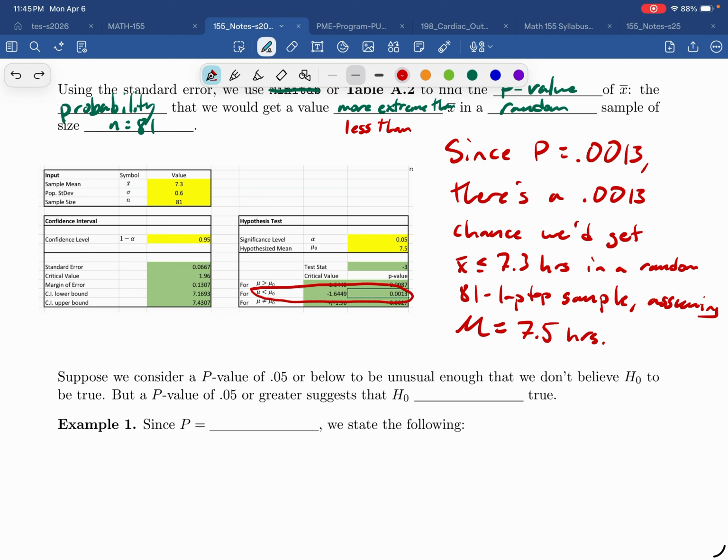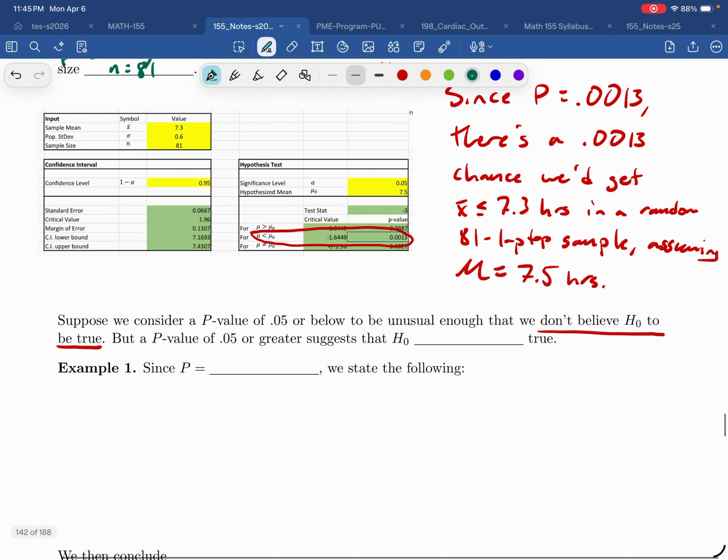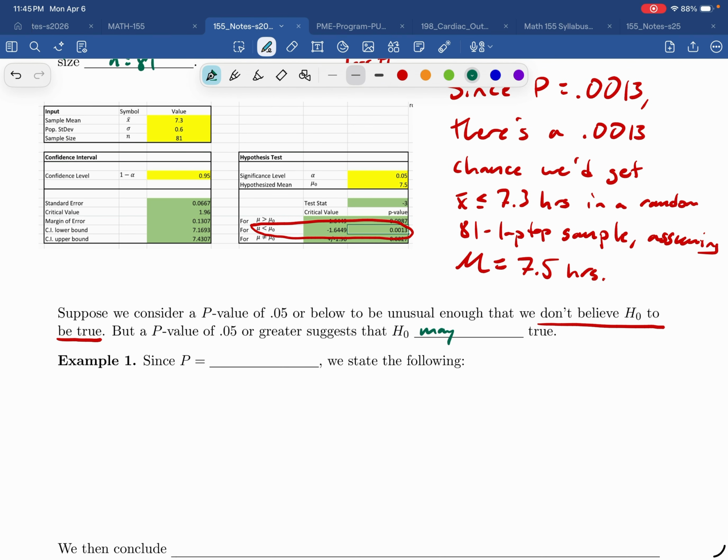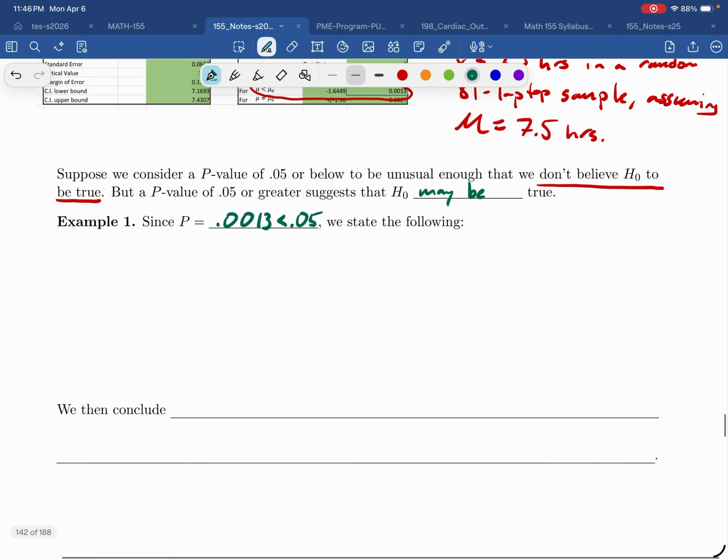We got a P value that's a lot less than 0.05. Okay? So that would suggest that we don't believe H naught to be true. We don't believe the null hypothesis is true. But a p-value of 0.05 would suggest that the null hypothesis may be true. Since p equals 0.0013, which is less than 0.05, we state the following.